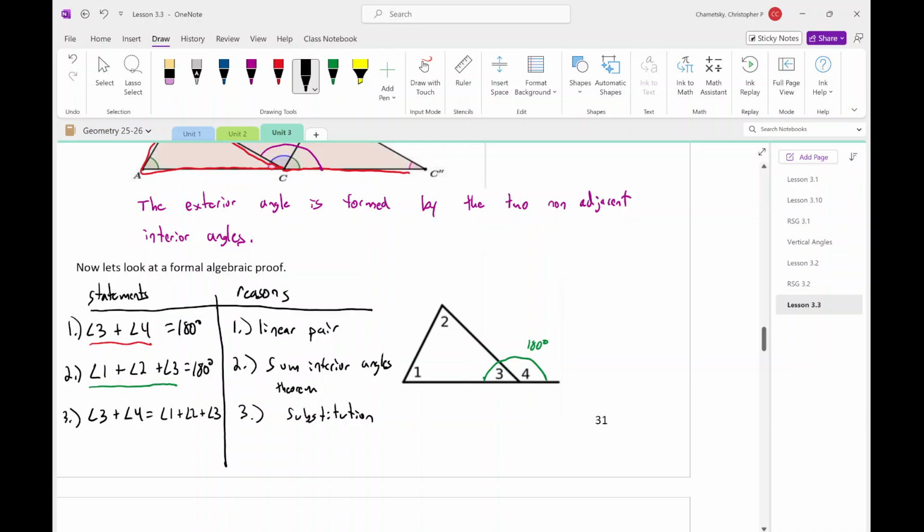Okay, and then I look at both sides of this equation and I can see that I have an angle 3 on both sides that I'm going to subtract off. And what I have left over is angle 4 is equal to angle 1 plus angle 2. So just doing a subtraction.